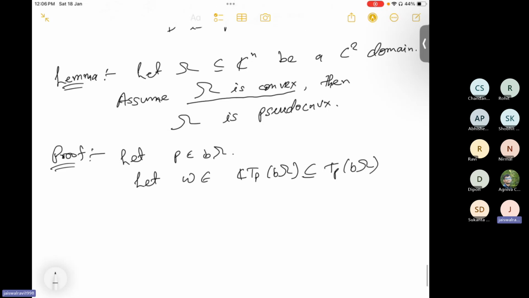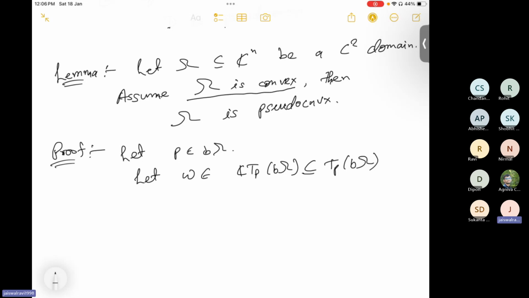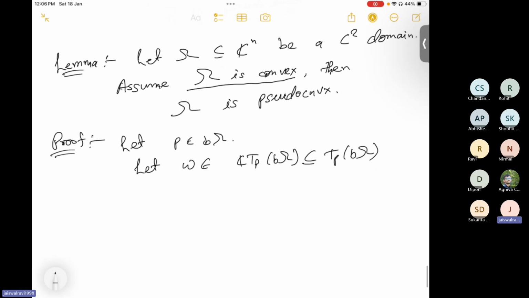Since P is a point of convexity, it satisfies the convexity property, which says that if we write the real Hessian in complex form, we get 2 times the real part of the sum over j,k from 1 to n of del square rho over del zj del zk at P, wj wk, plus 2 times the sum over j,k from 1 to n of del square rho over del zj del zk bar at P, wj wk bar, which is greater than or equal to 0.